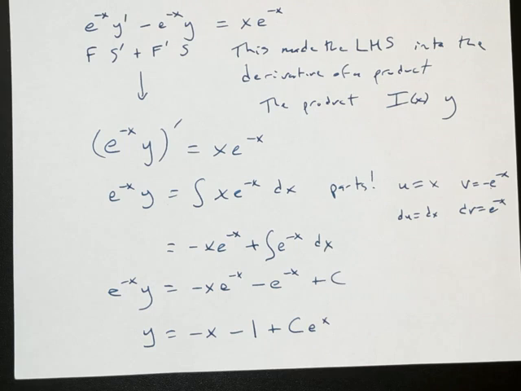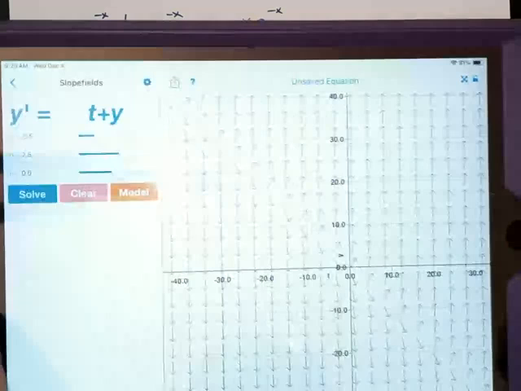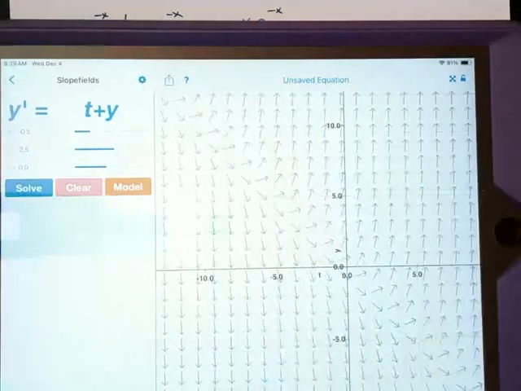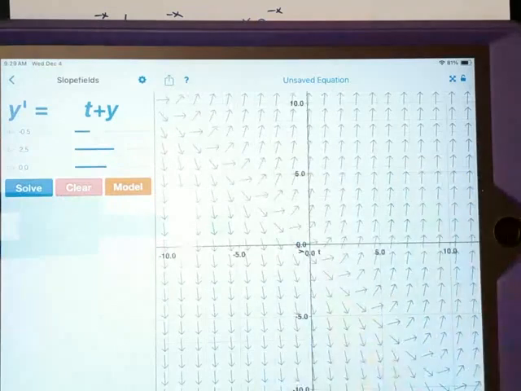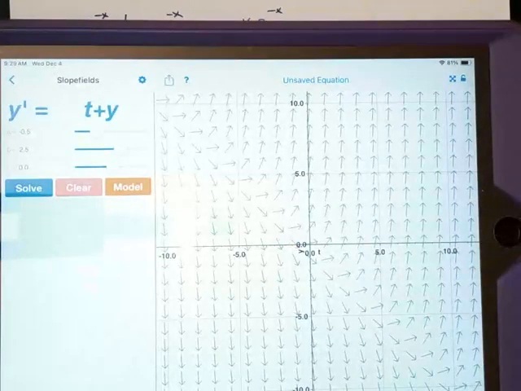Okay. Once again, here's my slope field. y prime equals x plus y.